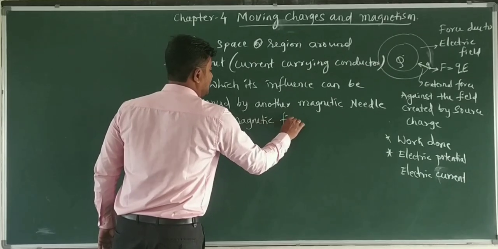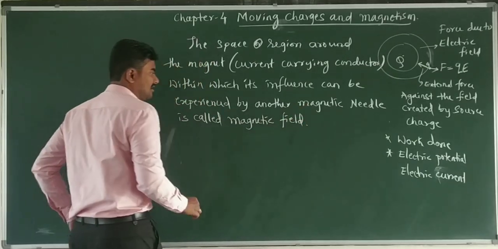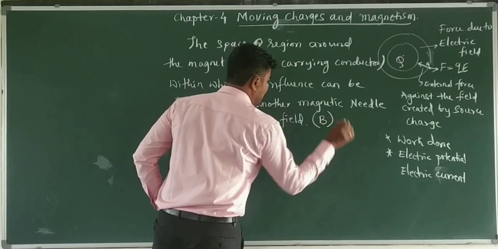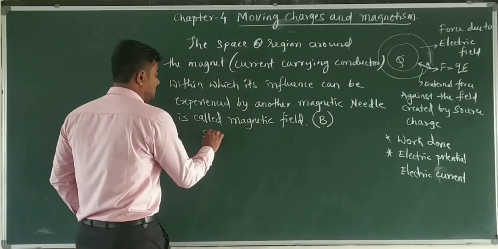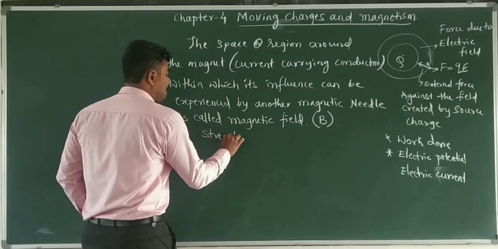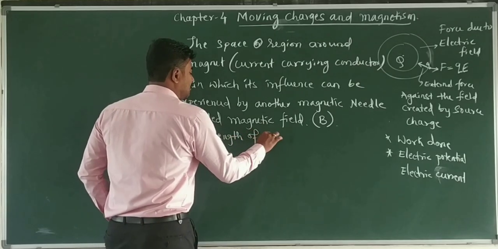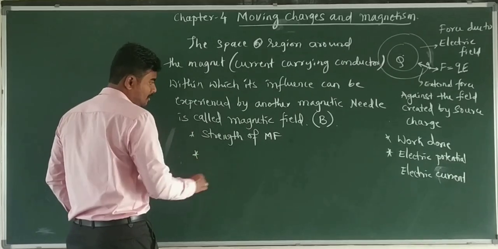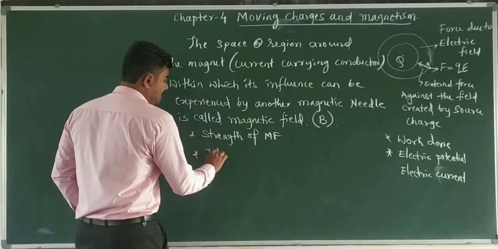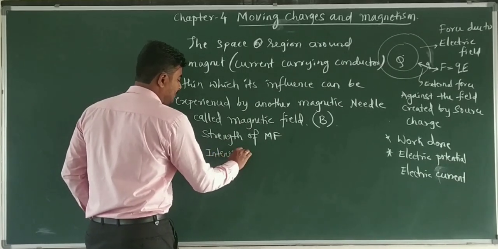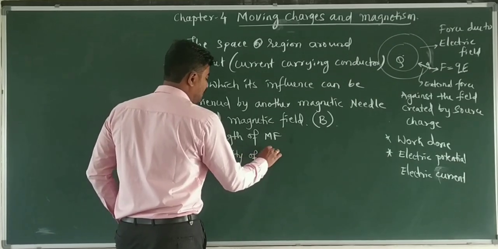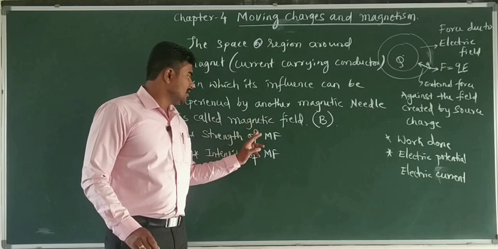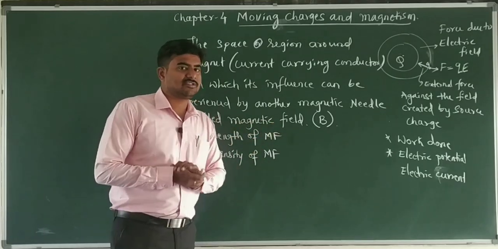This is the general definition actually, and this magnetic field is indicated by B. This is also called strength of magnetic field, or it is also called intensity of magnetic field. Technically, these two terms and magnetic field sound the same.